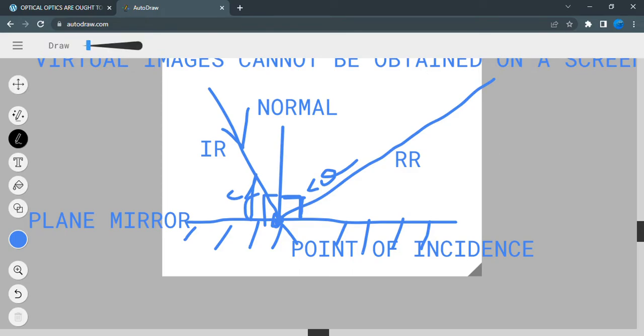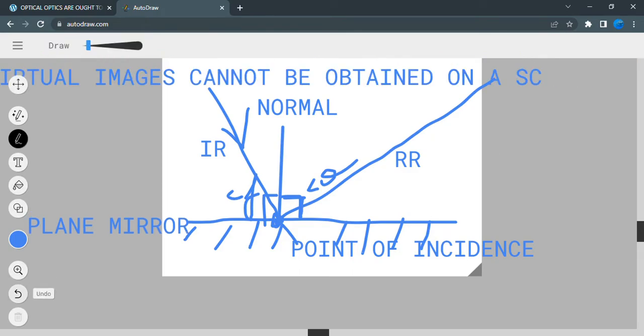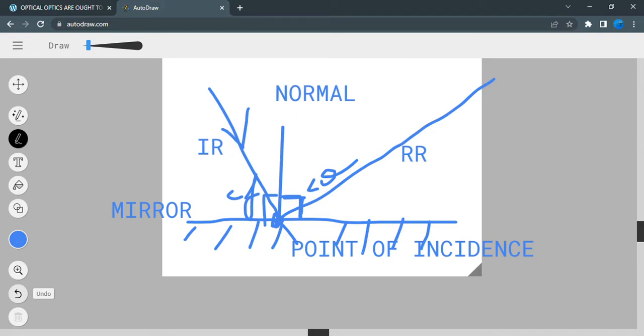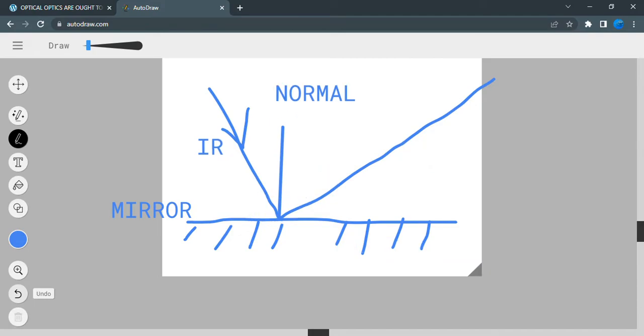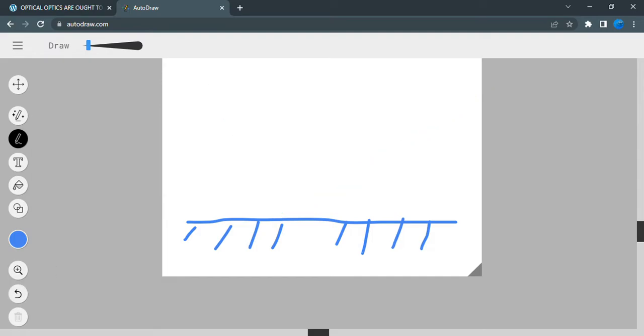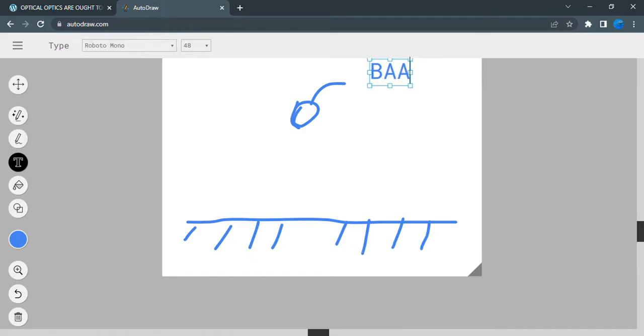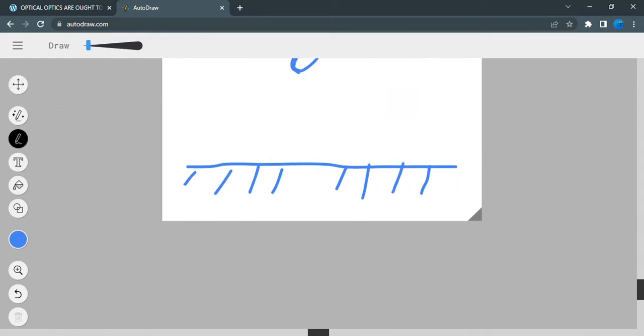Now let's take an object to be here. I'll undo everything. Let's take this as O, or let's say this is a ball, and this is its image.